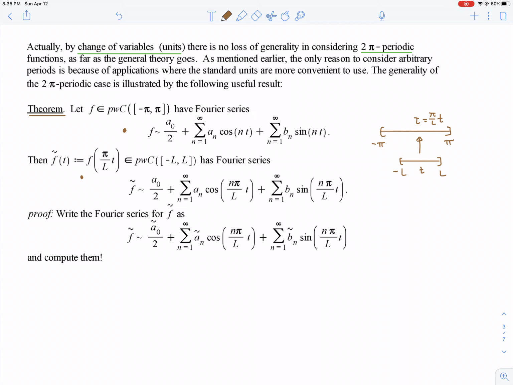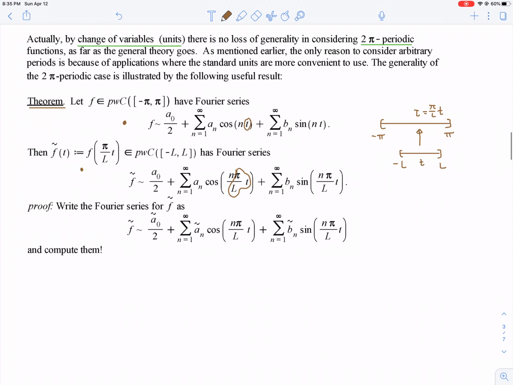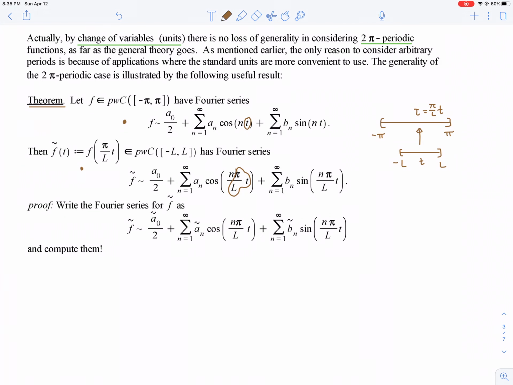And the theorem is, to get its Fourier series, you just replace all of the t's in the 2 pi periodic expansion with pi over L t's to get the Fourier series for the 2L periodic one. And the proof is straightforward.